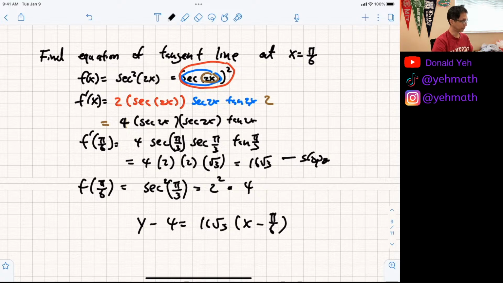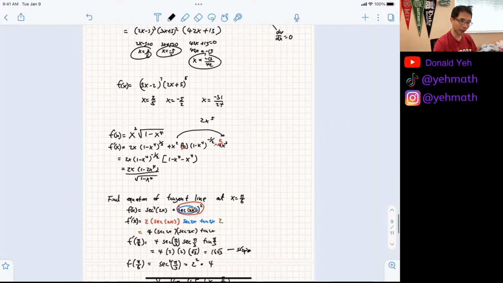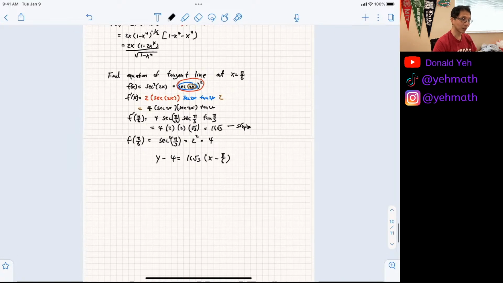Any questions here? If you know how to do this question, this is going to be 3 questions on the test. There's going to be something like this, something like this, something like this. For sure.